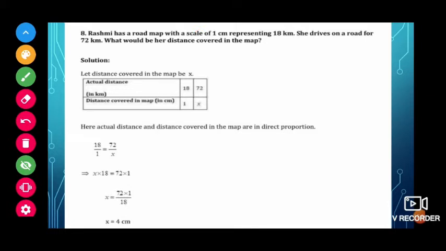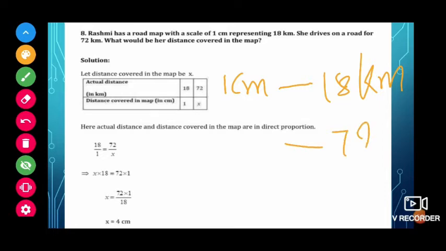Next, children. Rashmi has a road map with a scale of 1 centimeter representing 18 kilometers. If she drives on a road for 72 kilometers, what would be her distance covered on the map? See, here they told us that on the map 1 centimeter represents 18 kilometers. If on the road she covers 72 kilometers, then what will be the length on the map?